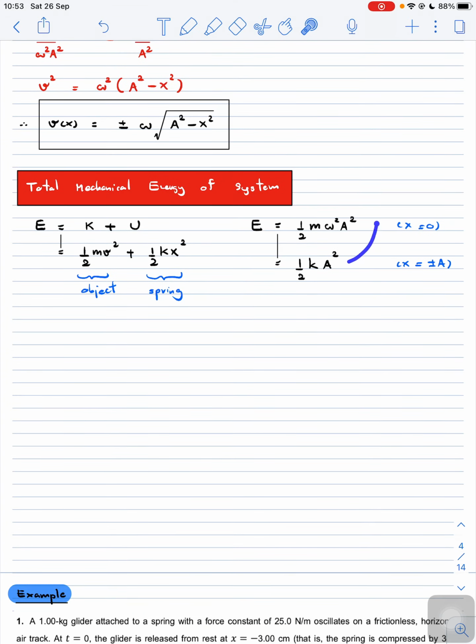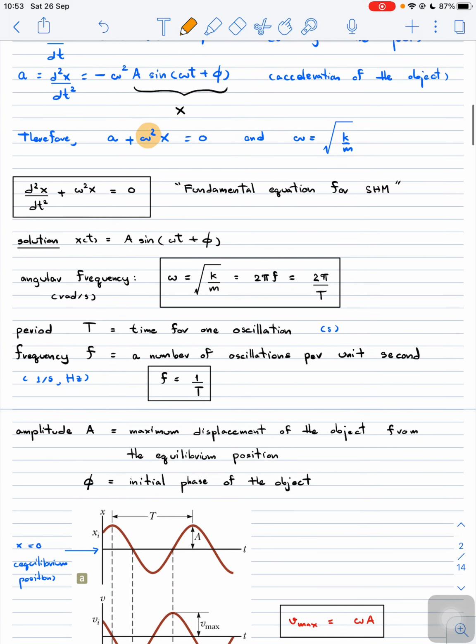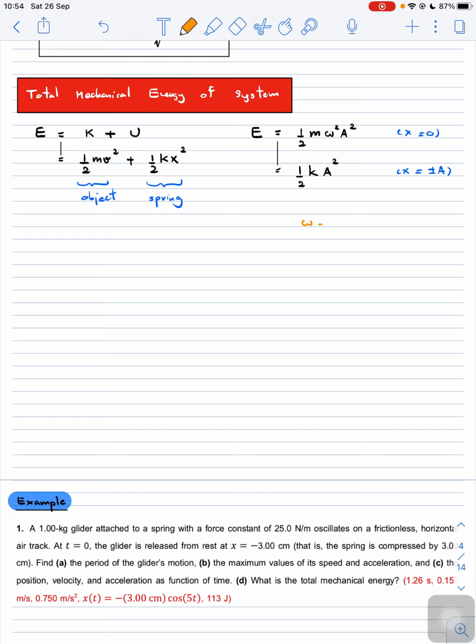Actually, if you compare these two, you can see that this k must be equal to m times omega squared. Why? It just comes from this equation, omega equal to the square root of k over m.